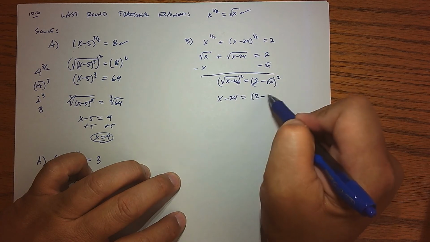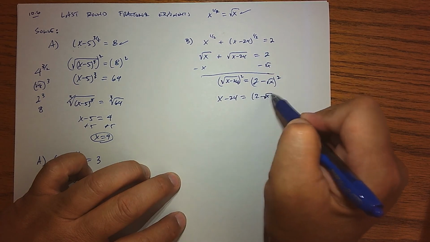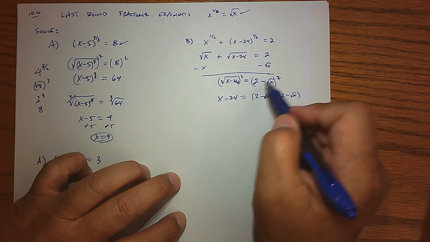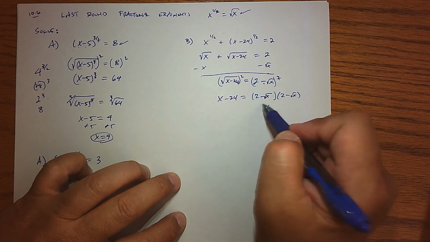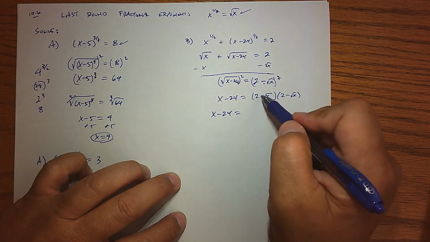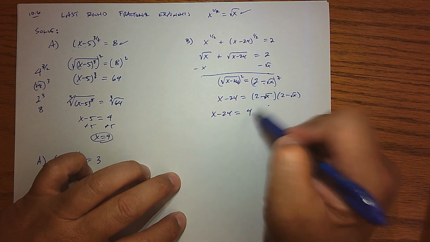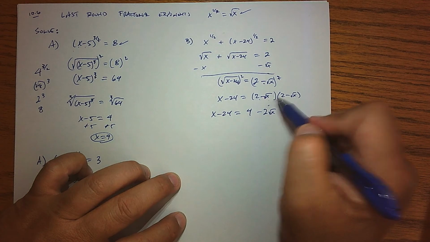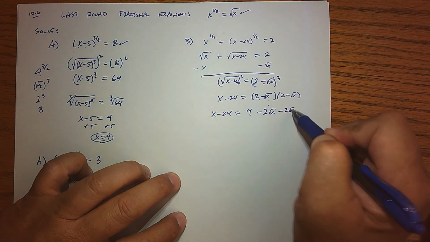And over here, again, you have to be careful because we are squaring a difference. So we have to FOIL it out. So we have x minus 24. If I do my FOIL, 2 times 2 is 4. Do my outer, we have a negative 2 square root of x. Do my inner, we have another negative 2 square root of x.